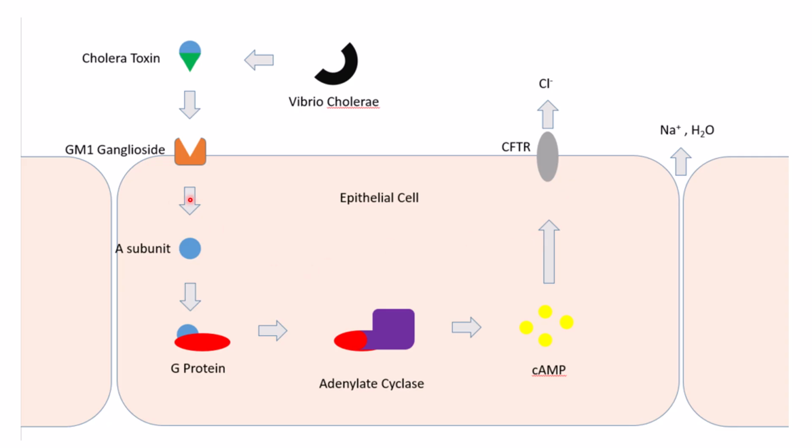In the endoplasmic reticulum, the A subunit will be dissociated into A1 and A2. The A1 peptide, it will enter into the cytoplasm from the endoplasmic reticulum lumen and it will interact with the G protein. G protein, you know, involved in cellular signaling. It will activate adenyl cyclase and result in the production of cAMP.